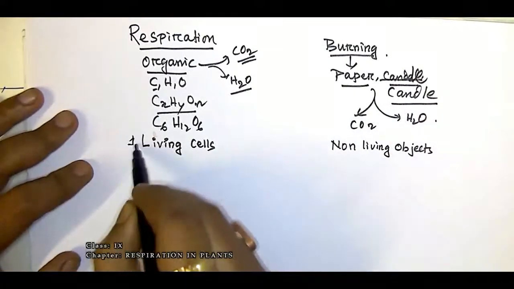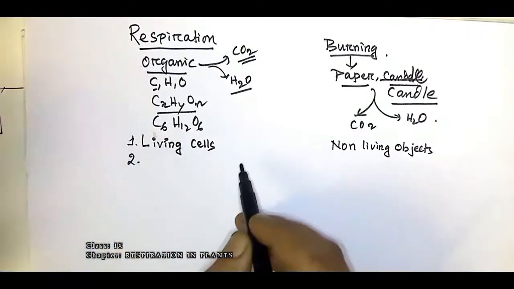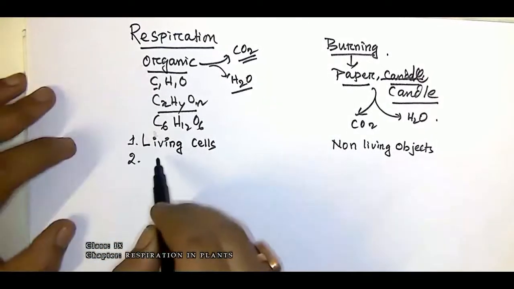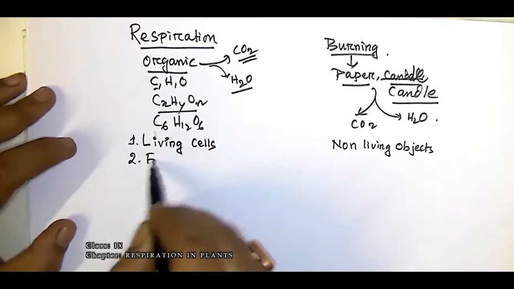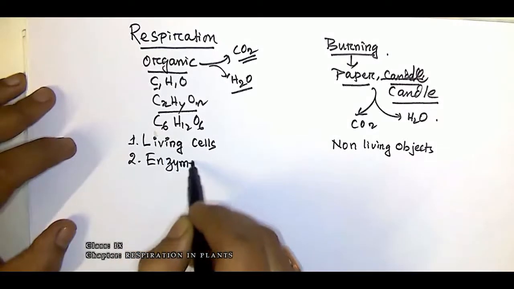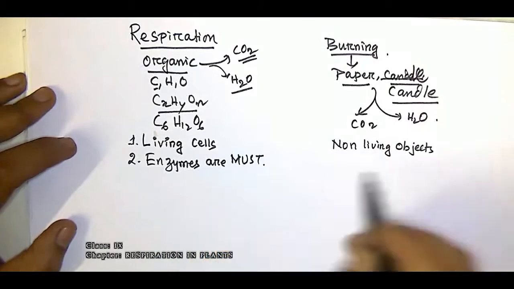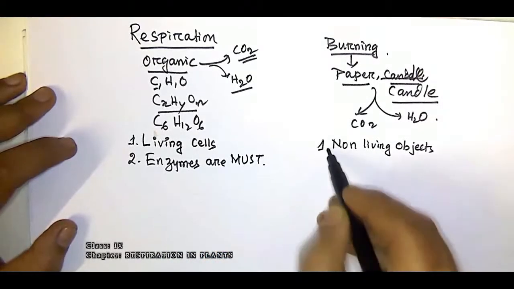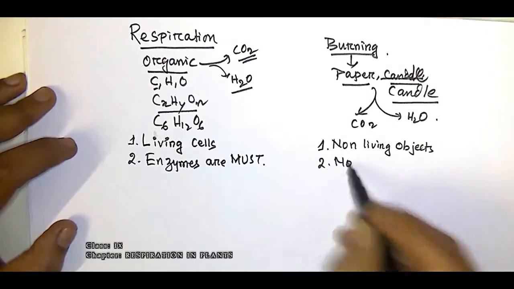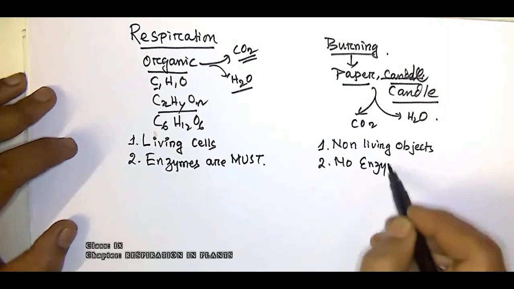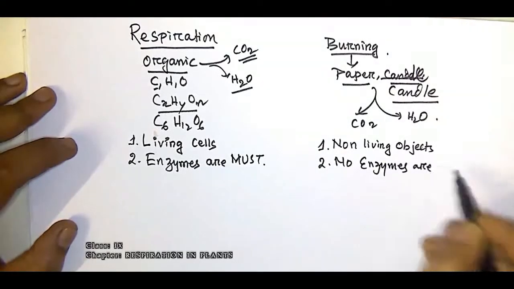So this is the first point where you can differentiate the process. Now, do you require enzymes here? I told you a few minutes back, enzymes are a must. Do we require enzymes here? No, no enzymes are required here, right?